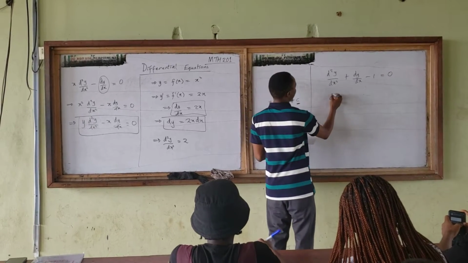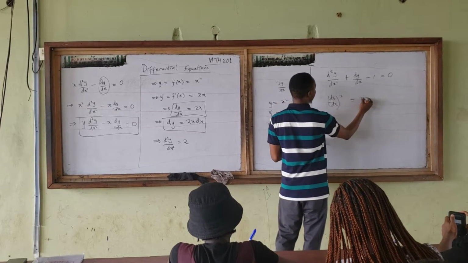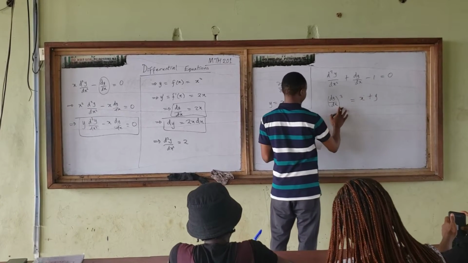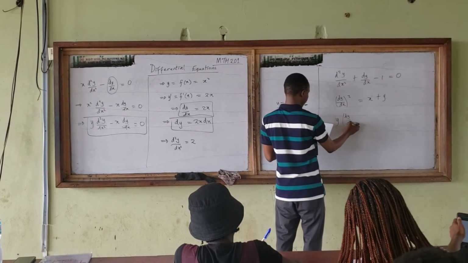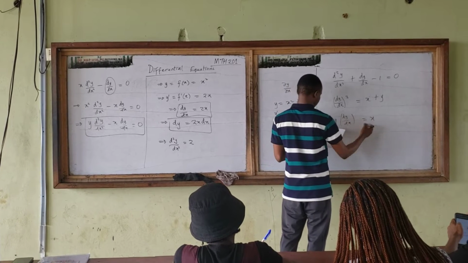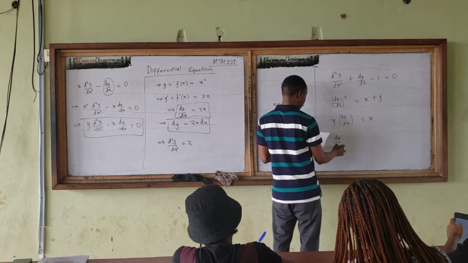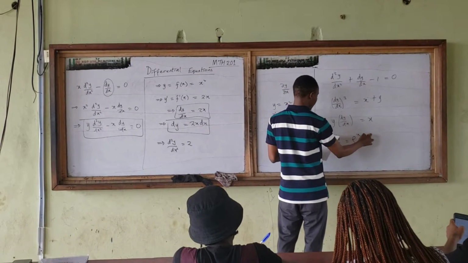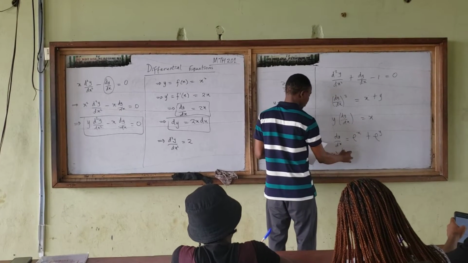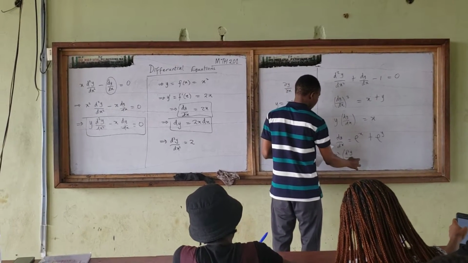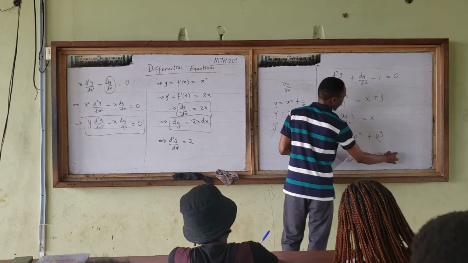You have (dy/dx) raised to power 3 equal to x plus 3. You have dy/dx is equal to x. And then you have dy/dx is equal to 3 raised to power x plus 3 raised to power y. You have x squared d²y/dx² plus x is equal to xy minus y.